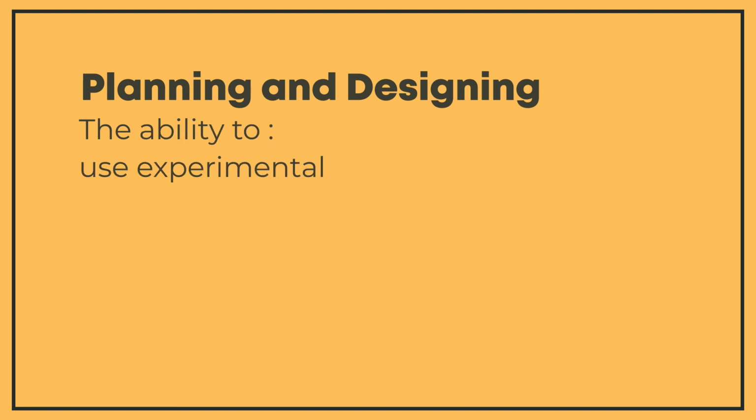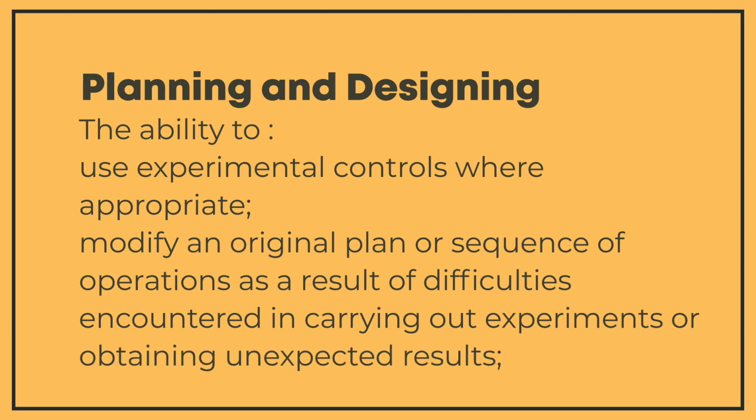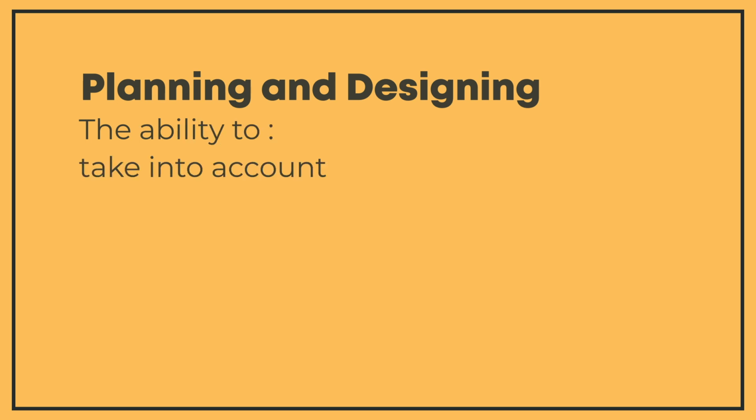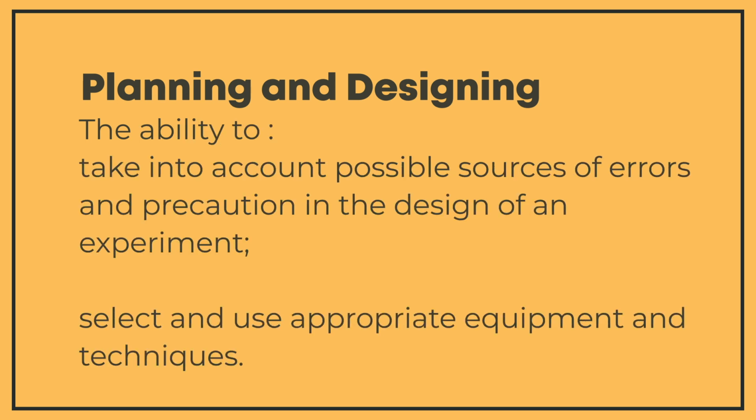You should be able to prepare your method that's acceptable, including your variables, your independent variable, your dependent variable, your control, and your controlled variable. So you need to make sure that you express the possible sources of error, what are some precautions while designing this experiment, and of course, appropriate apparatus and materials to be used in this experiment.